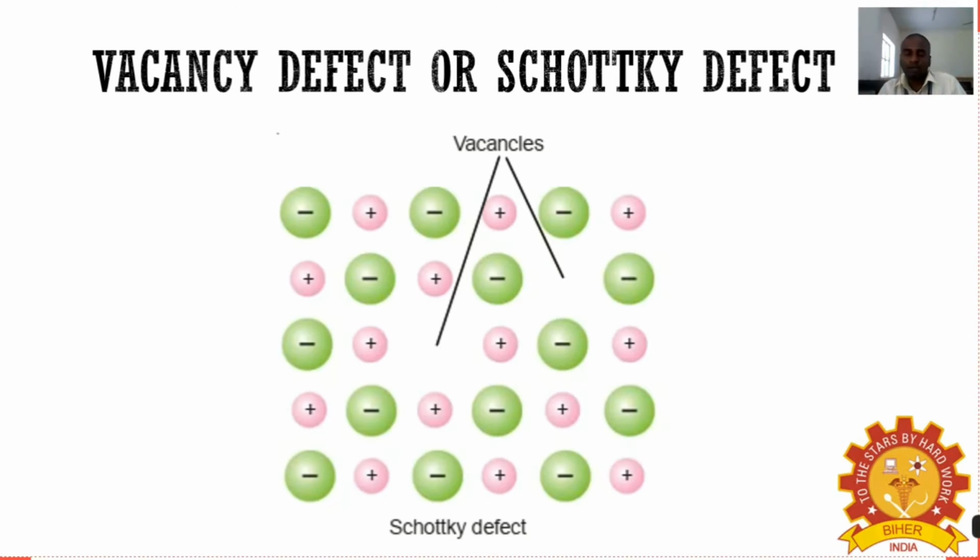But the overall count of positive ions is equal to the count of negative ions. This type of crystal defect is called Schottky defect or vacancy defect. Due to the formation of vacancy, the crystal defect that arises is called vacancy defect or Schottky defect.